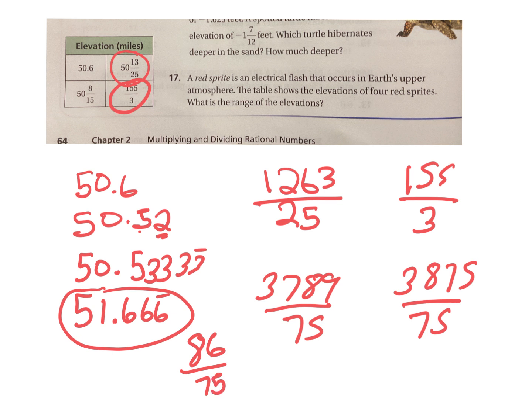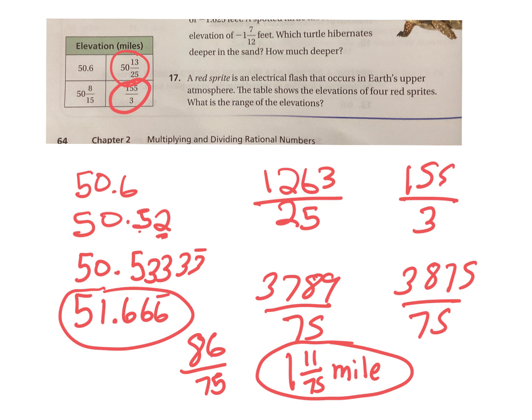Now 86 over 75, I know it goes in there one time, and it leaves me with 11 over 75. 11 does not go into 75, so that's my answer. And I'm looking at it, it's in miles, so the range between the greatest and the least is 1 and 11/75 mile.